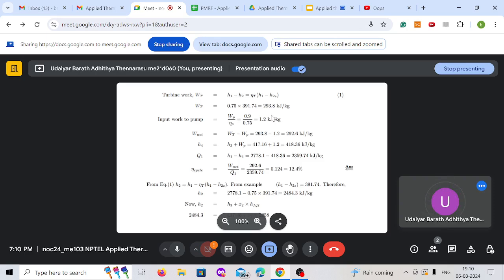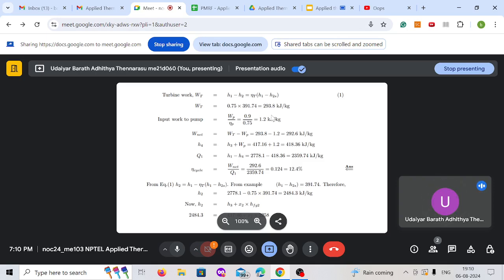Now the net work output is WT minus WP, which is 293.8 minus 1.2, the turbine work minus the pump work.